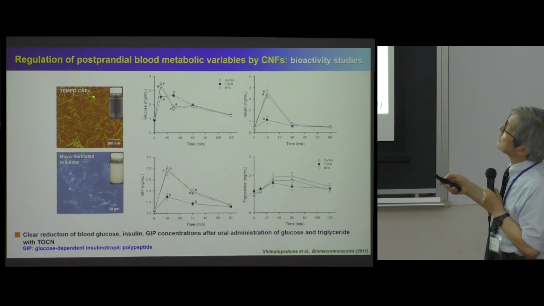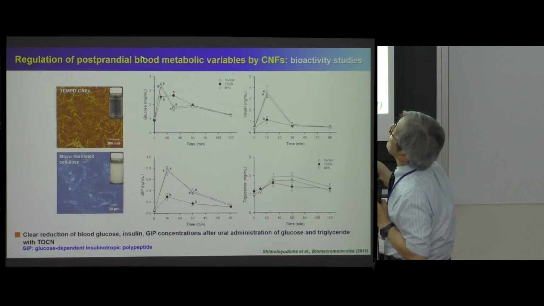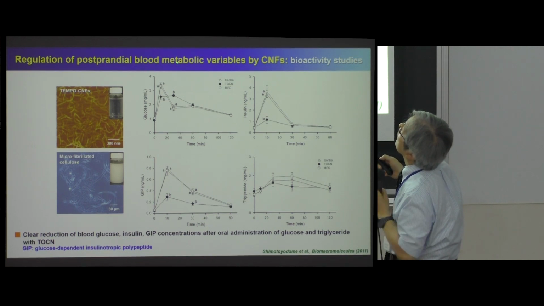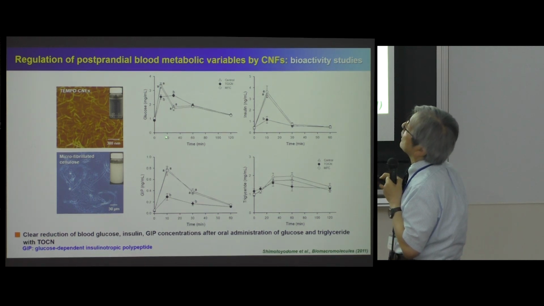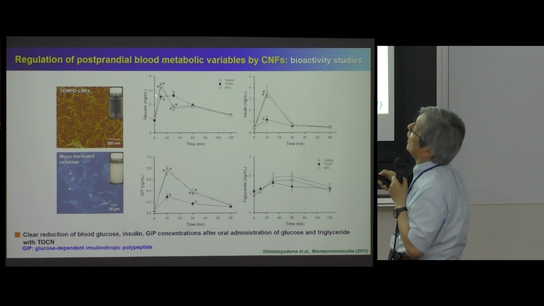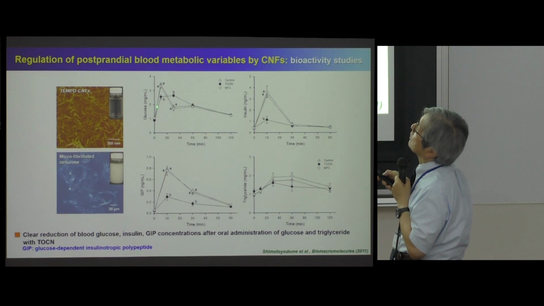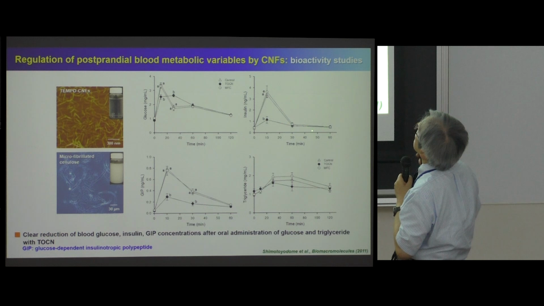But anyway, this is a regulation of the postprandial blood metabolism and such. Anyway, bioactivity experiments can be done using mice. And the TEMPO CNF is good: blood glucose content decreases, and insulin content dramatically decreases.